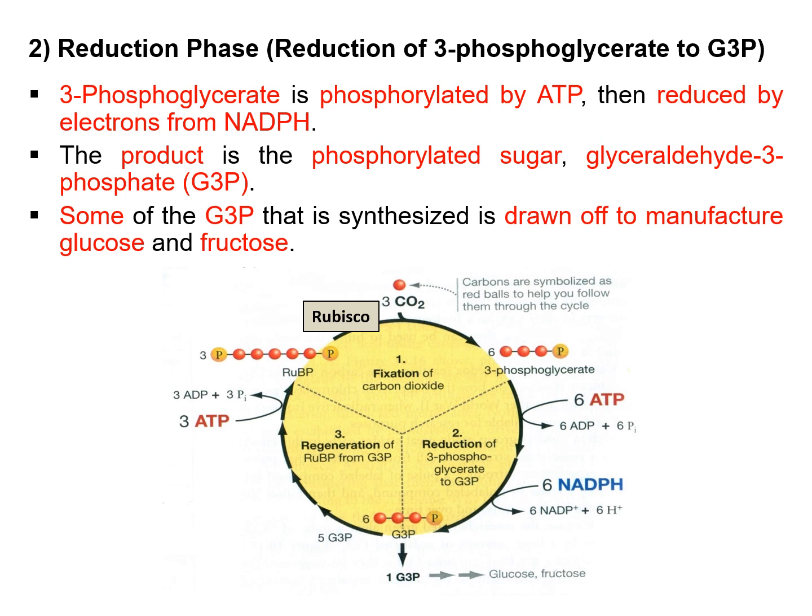The product is the phosphorylated sugar in the form of glyceraldehyde 3-phosphate. And some of this glyceraldehyde 3-phosphate, which was synthesized in the reduction phase, will be drawn off to manufacture or produce glucose and fructose.